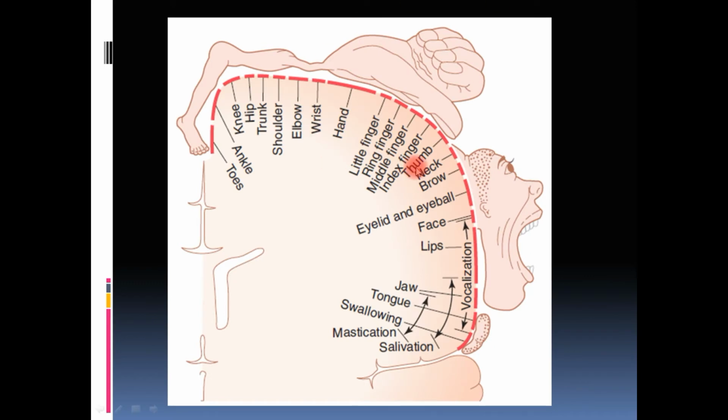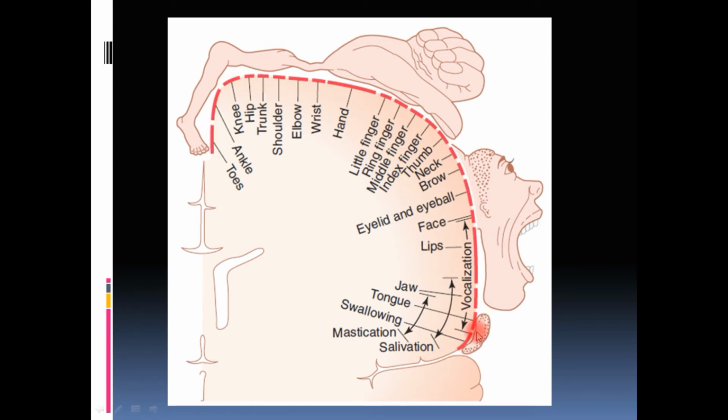As you can see, this is called the motor homunculus. That means the representation of the body parts which are being supplied by these areas of the primary motor cortex.